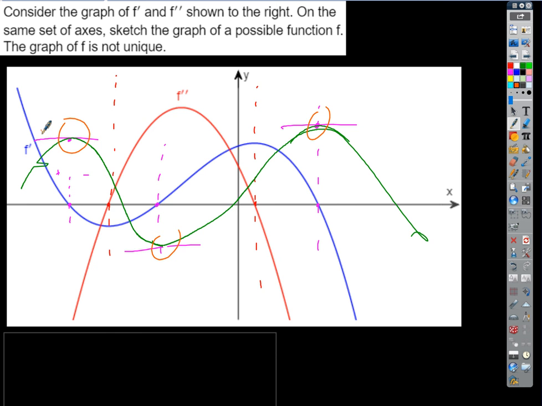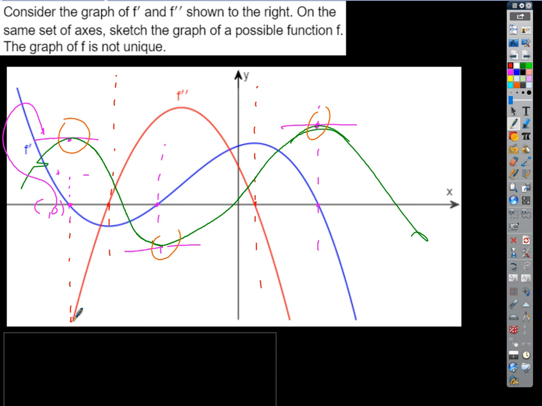So the fact that the y-coordinate of that point right there is 0 is just telling us that this is a horizontal tangent, okay? Now let's couple that with the fact that if I continue this line down, it's telling us that the value of the second derivative is negative at that point.